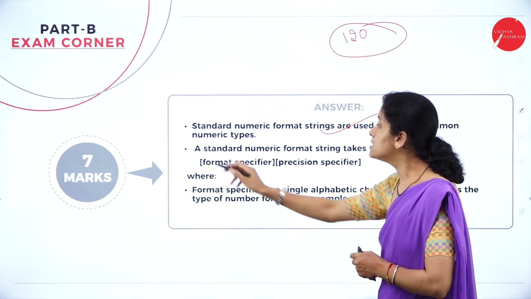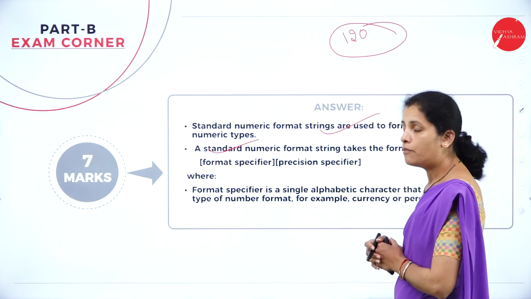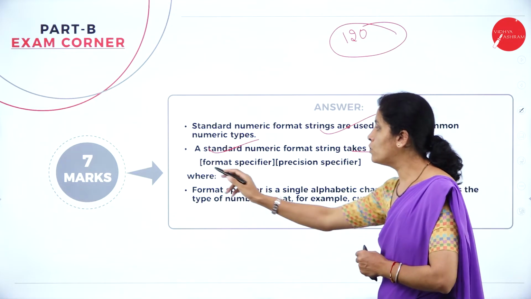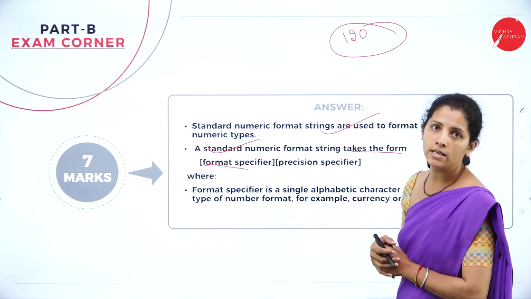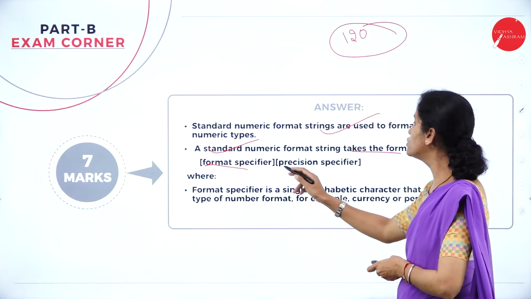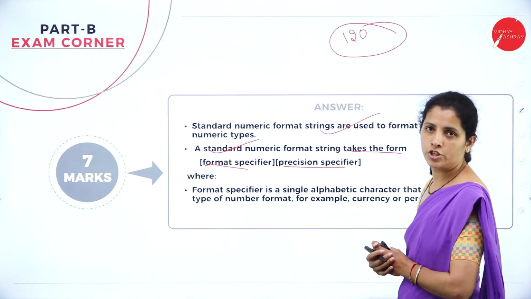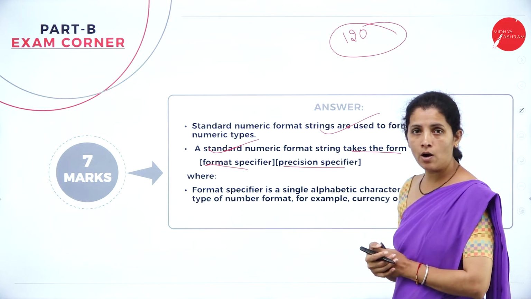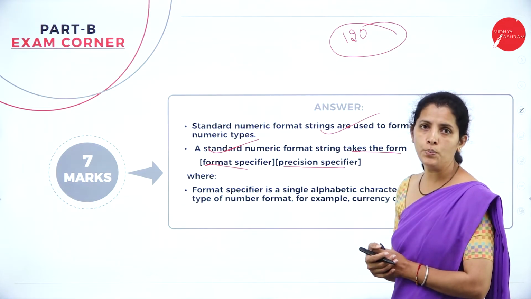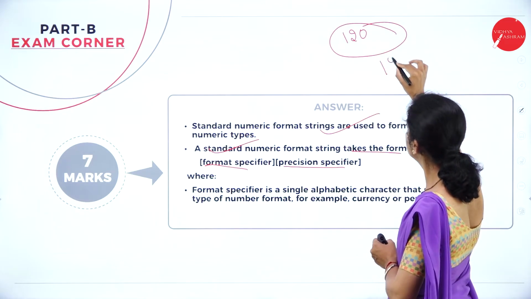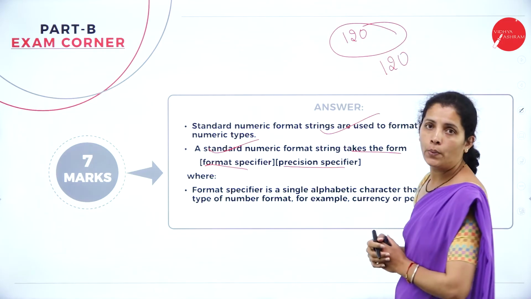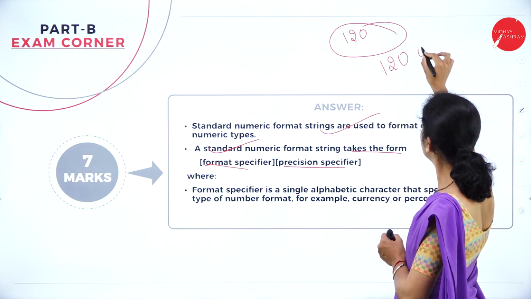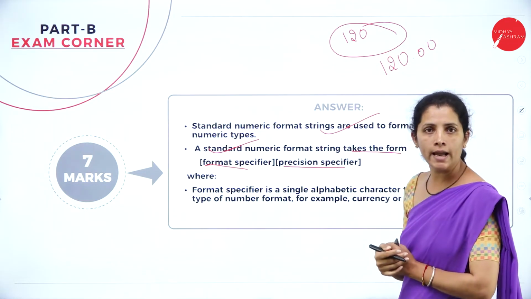So, here a standard numerical format string takes the form: I want to specify the format specifier and I want to specify the precision. For example, if I want to display the amount in terms of Indian rupees, then it is 120 rupees, so I can write 120.00.